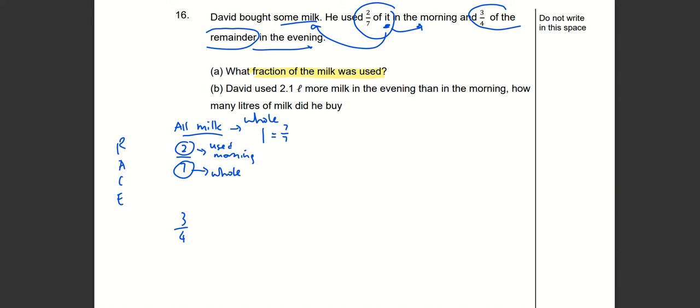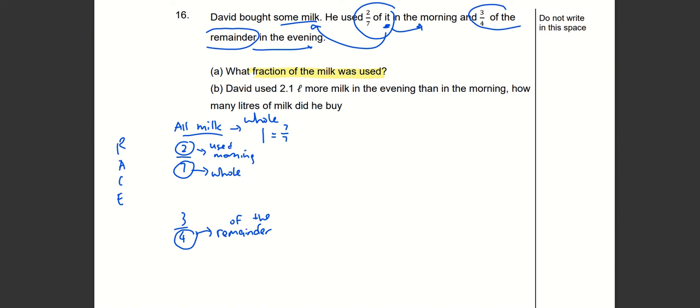Now the next fraction says 3/4 of the remainder. So the denominator here stands for the remainder, of the remainder.